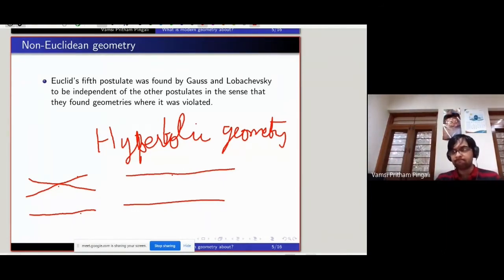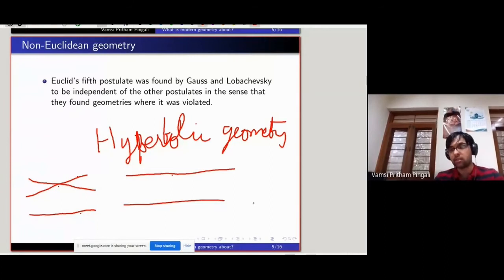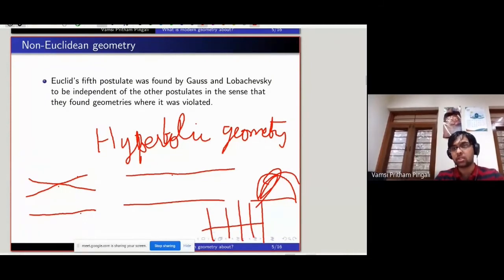I mean, you should not picture lines in hyperbolic geometry like this. In fact, lines look more like this. These are lines and so are these. So these curved thingies are lines in hyperbolic geometry.